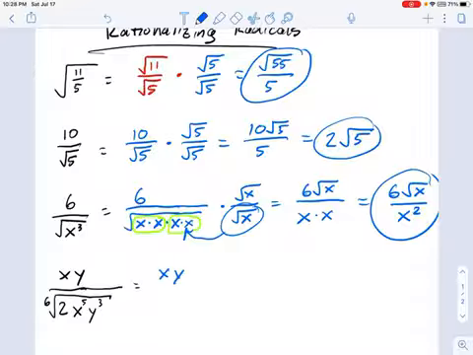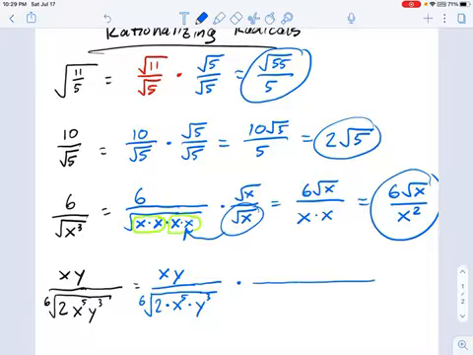So I have xy divided by this 6th root of 2 times x to the 5th times y cubed. Now, using that concept from the last one, where the square root wants pairs, the 6th root wants 6 of a kind. So what do I have to multiply by to get 6 of a kind? Let's worry about the denominator.